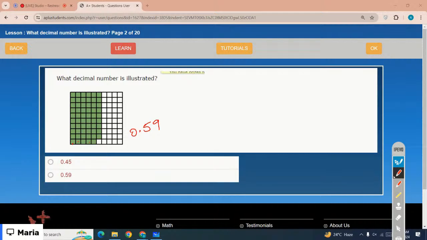The correct option is 0.59. That's 0.59, not 59, right? 59 out of 100 are colored, so that is 0.59.